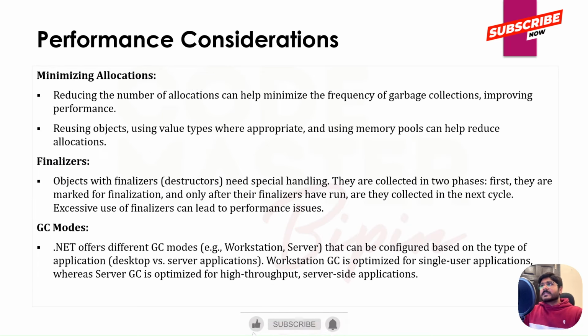While working with the garbage collector, there are a few performance considerations. What we can do is minimize the allocations, use the finalizers, and there are some GC modes also we can make use of. Minimizing allocations means reducing the number of allocations, the variable allocations, we need to reduce that, reusing the objects and using the value types wherever appropriate.